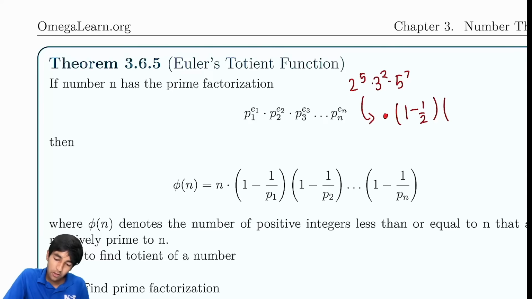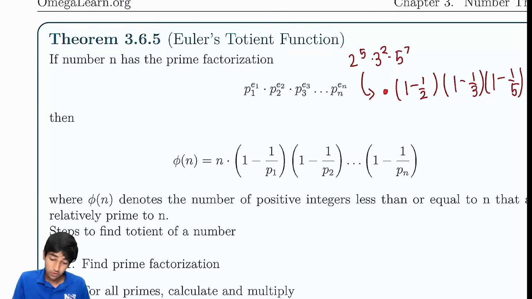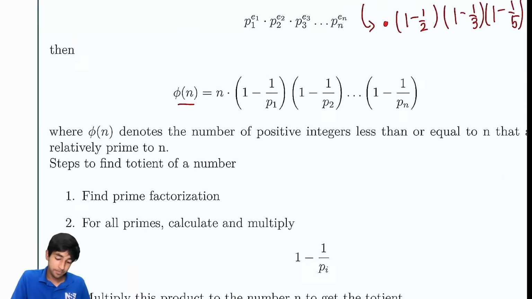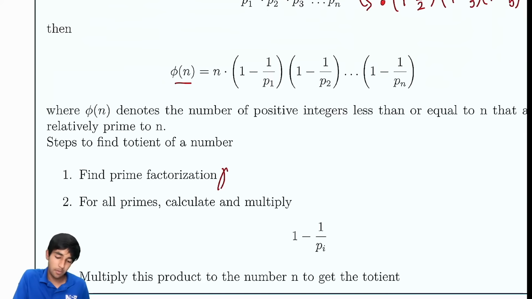For the prime 3, we multiply by 1 minus a third. For the prime 5, you multiply by 1 minus 1/5. And so on. So eventually, this just gives us the totient of n. And yeah, first step, you have to find the prime factorization. I mean, that's kind of what you do in number theory.